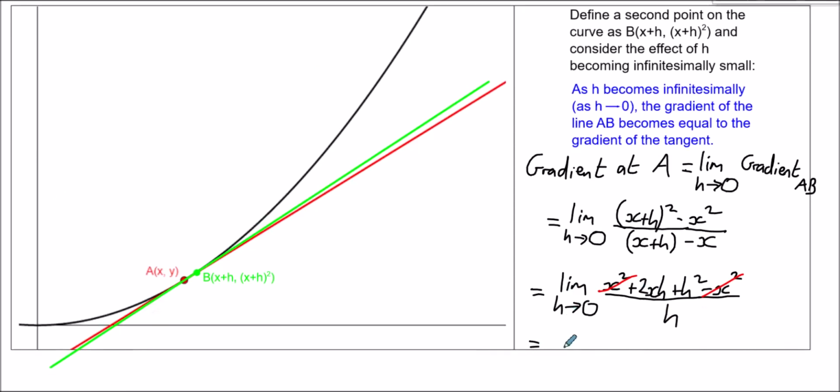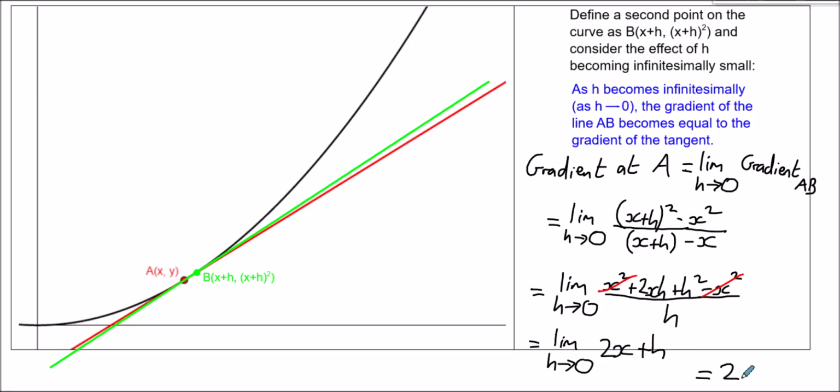And so we get the limit as h goes towards 0. 2xh divided by h is just 2x. h squared divided by h is h. And so what's going to happen when h shrinks down to 0? 2x doesn't depend on h, and so 2x is just going to be 2x all day long, but h will shrink and vanish.